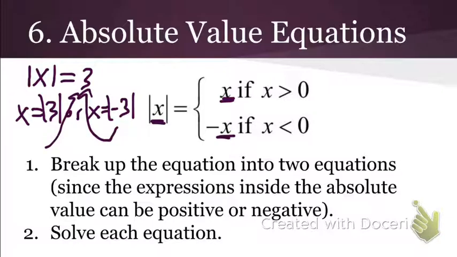So vice versa, if you have the absolute value of x is equal to something, you could just rewrite the equation, one with a negative and one with a positive, in front of the expression that was inside the absolute values.